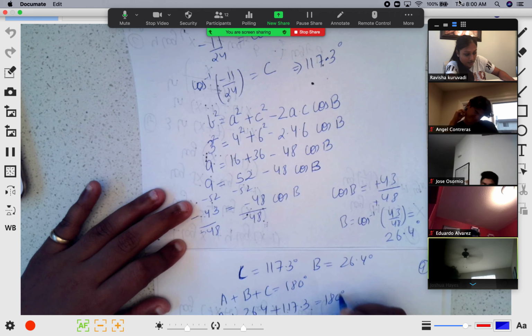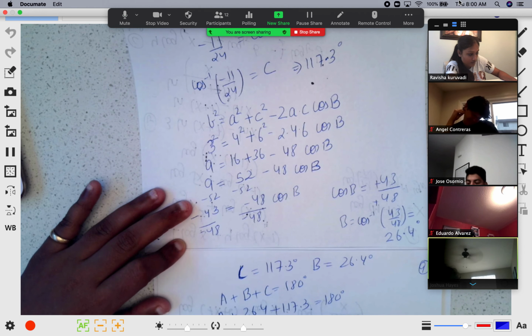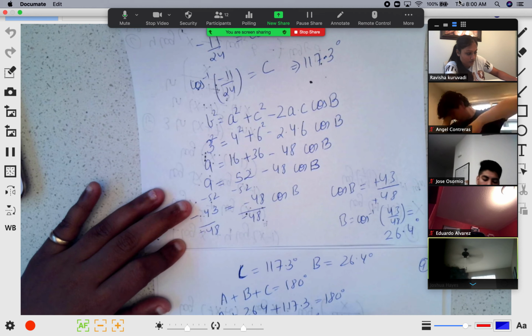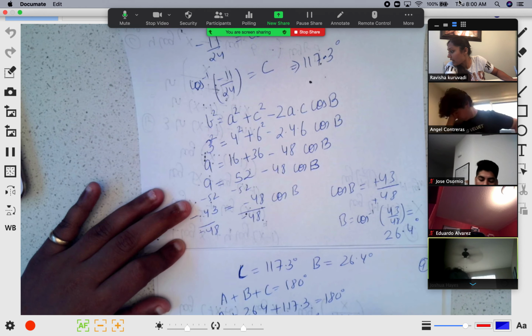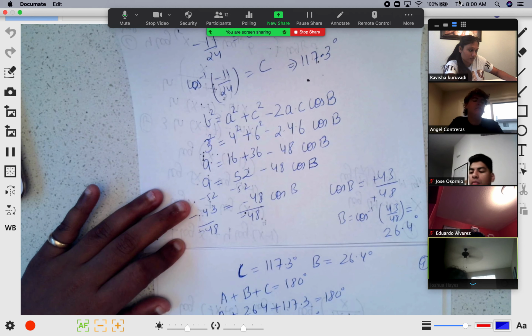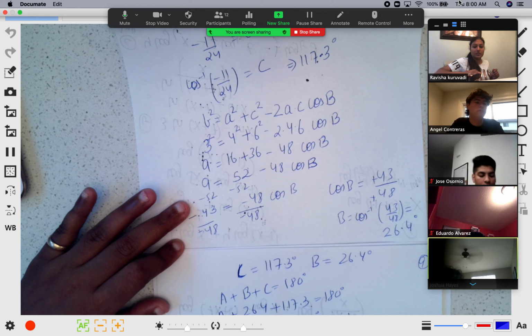When you add and subtract, you get A as 36.3 degrees.